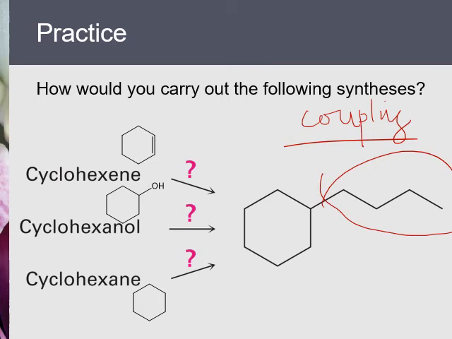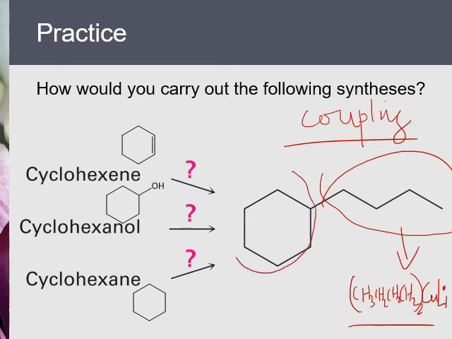So one possible is this butyl group comes from a Gilman reagent, and that is CH3, CH2, CH2, CH2. It's a butyl, so dibutyl copper lithium. So that's a Gilman reagent, and the other part comes from an alkyl halide. So it must be cyclohexyl chloride or bromide.